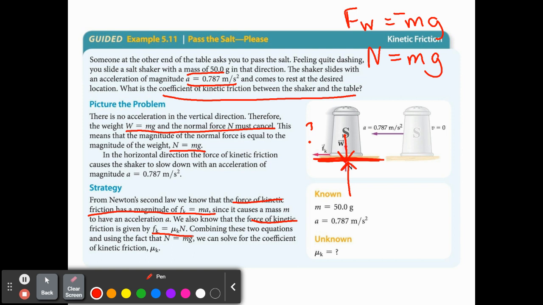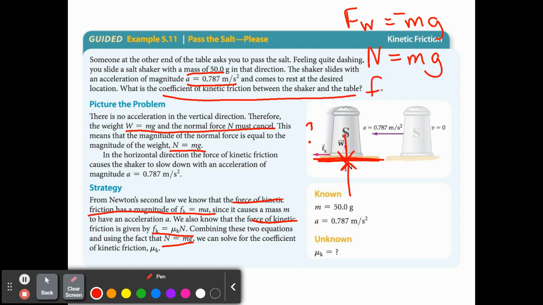So what I'm going to wind up doing is setting these two things equal to each other. Okay? And remember that my normal force is also equal to mass times gravity. Okay? So we know weight is negative mass times gravity. It's the opposite, it's acting downward. So my normal force is also mass times gravity.